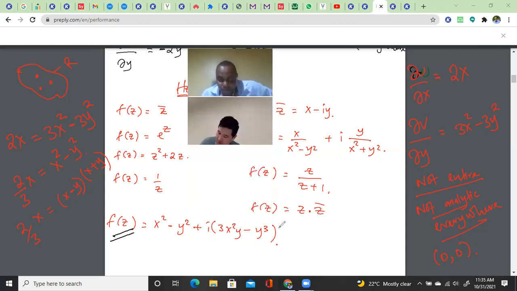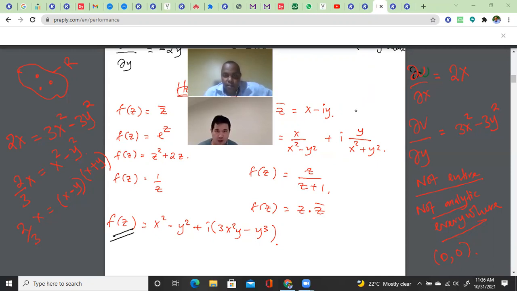So this function is analytic only at the point 0, 0. And what does that mean? If it is analytic at that point, it means that we can find its derivative at that point. Okay.